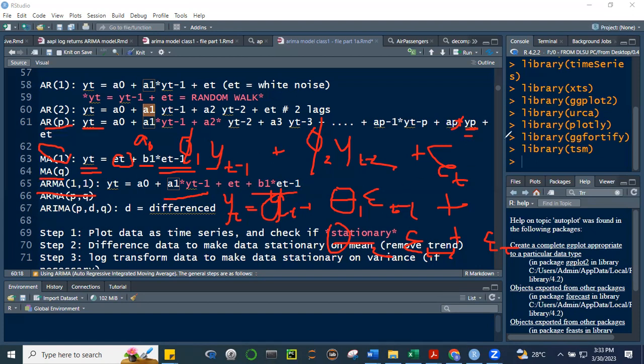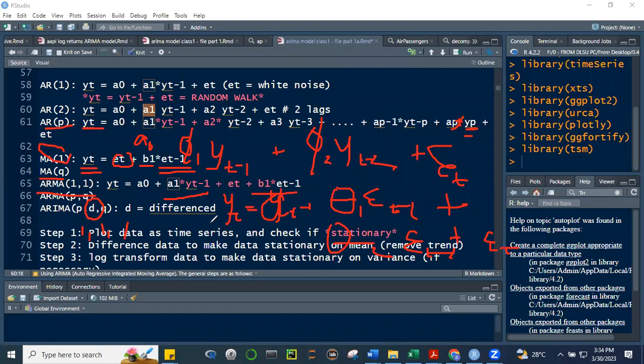All right, and then we have this one, the difference, p, d, q. What is p, d, q? Let's say ARIMA 1,1,1. So what does this mean? In ARIMA p, d, q, the p stands for the coefficient for the AR process, the q stands for the coefficient for your MA process, and the d there is differencing.